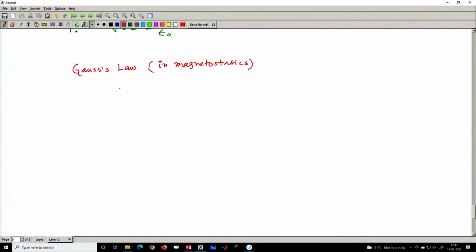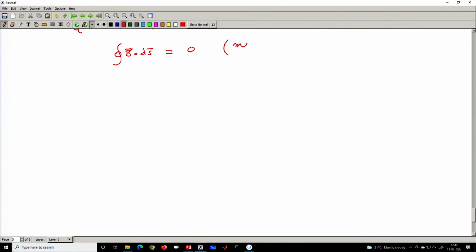That basically tells me that the closed surface integral of B dot ds, that is the flux, is 0, and that tells me that magnetic monopoles do not exist. And from here we had the expression that the divergence of B should be 0, that is our equation 2.